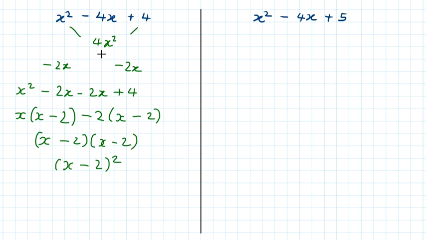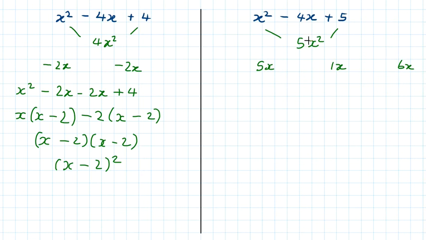Okay, so let's factorize x squared minus 4x plus 5. We apply the same procedure as well. We want to break down 4x so that we can have more terms in our quadratic expression, and it will become easier for us to factorize it. So let's try 5x and 1x. If we multiply 5x and 1x, we get 5x squared. But if we add 5x and 1x, we get 6x, which is not minus 4x.